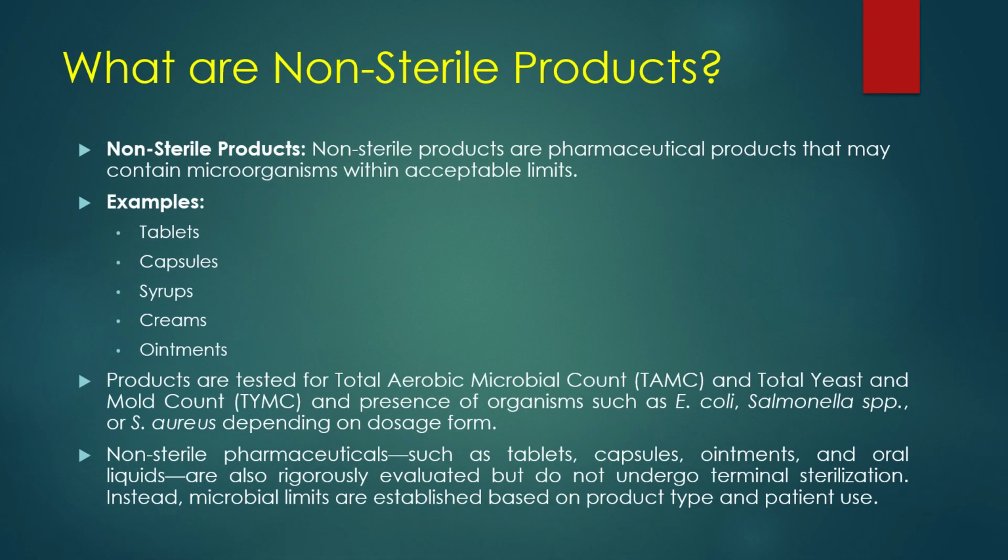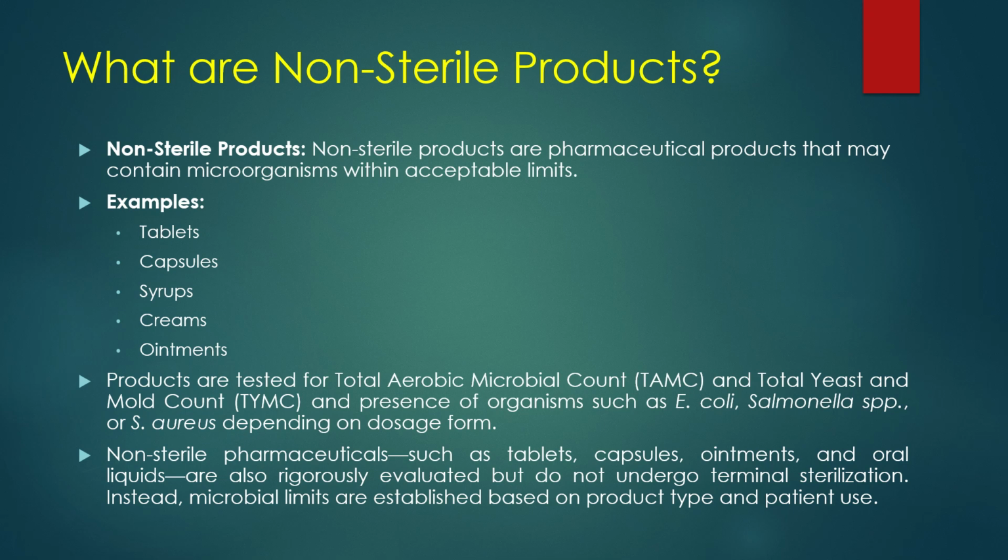Now, let's see what are non-sterile products. Non-sterile products are pharmaceutical products that may contain microorganisms within acceptable limits. Examples are tablets, capsules, syrups, creams, and ointments. These products are tested for total aerobic microbial count, total yeast and mold count, and presence of organisms such as E. coli, Salmonella species, or S. aureus depending on dosage form.